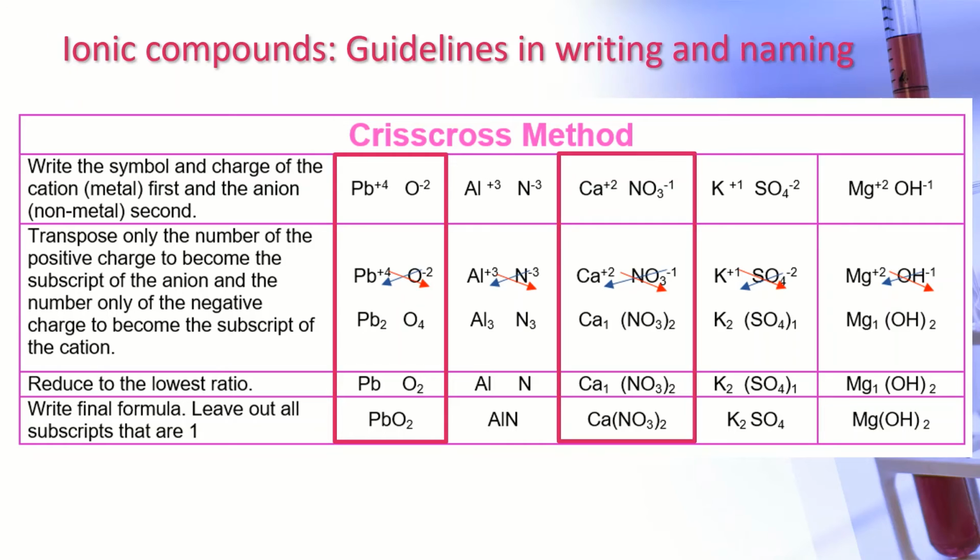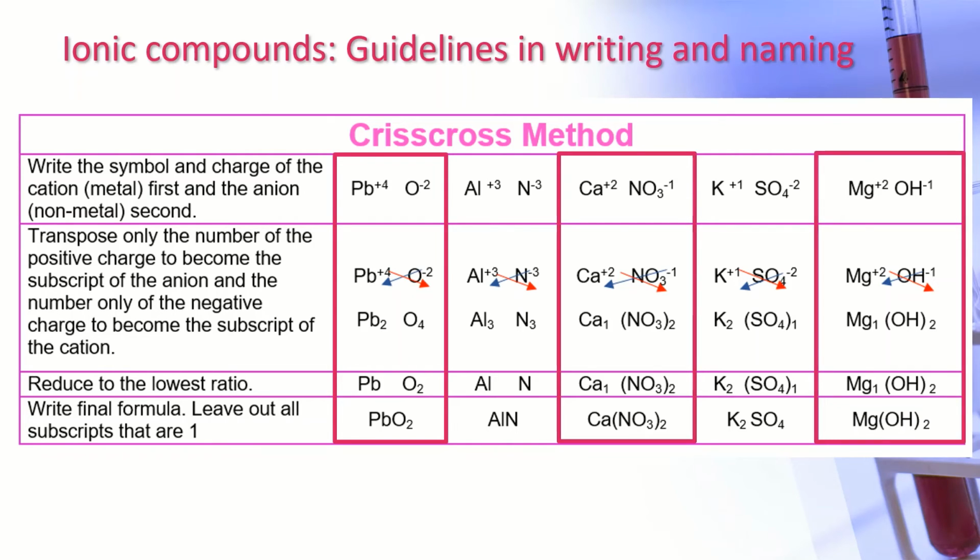PbO2. Middle example, Ca +2 and NO3 -1. Then transpose the superscript of the cation to become the subscript of the anion and vice versa. So it becomes Ca1(NO3)2. Reduce to lowest ratio, no need to write 1, so it becomes Ca(NO3)2.